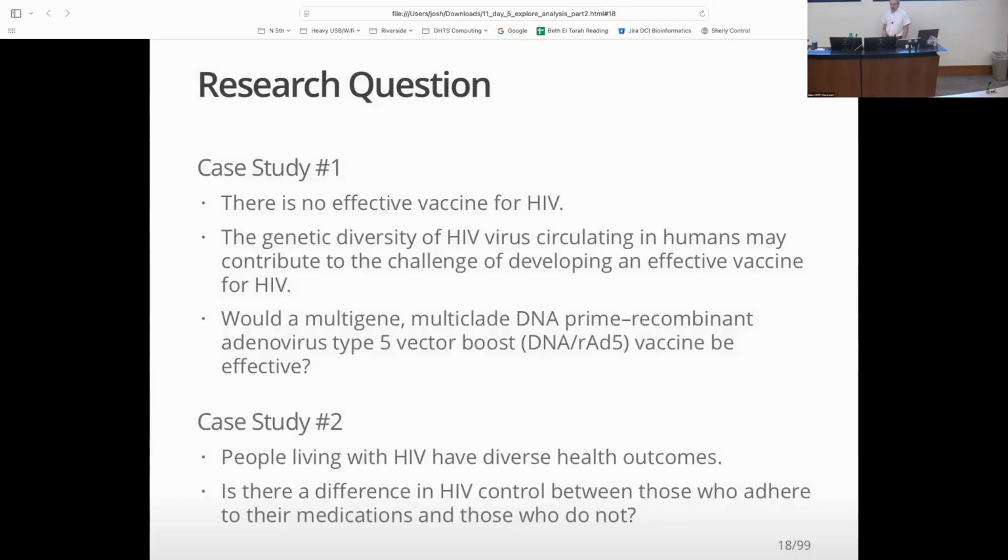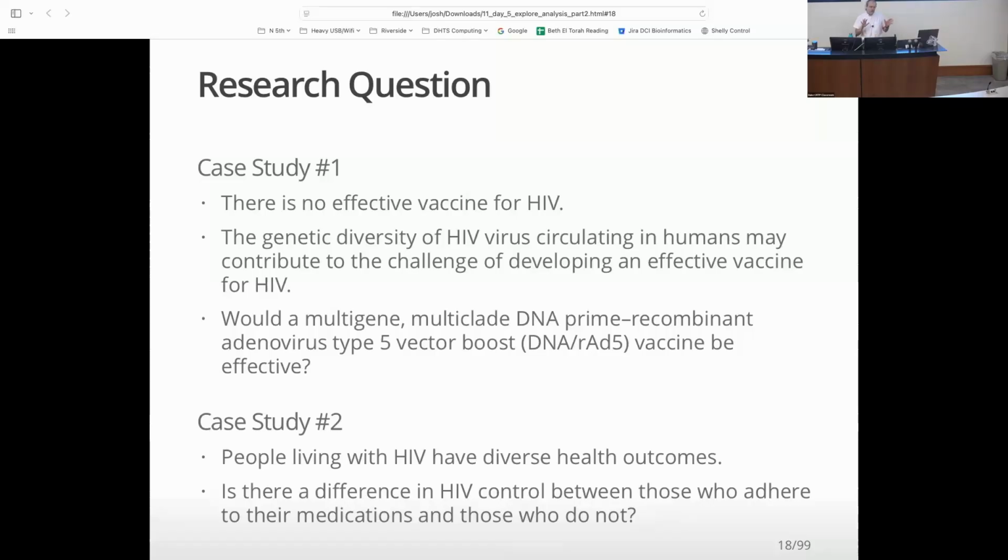So the research question. I'm repeating the observation here just for context. So the research question for case study 1 is, first of all, there's a little bit more information that's, to some extent, a little bit of hypothesis.